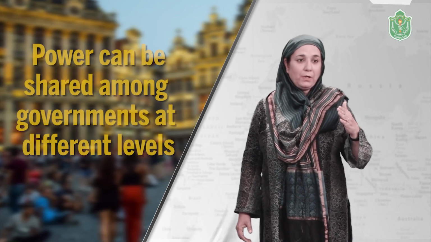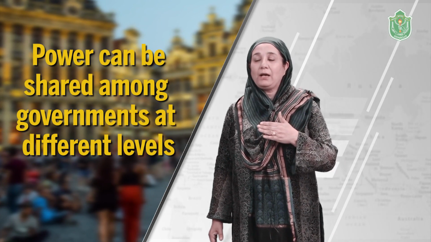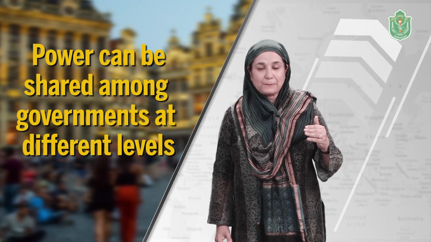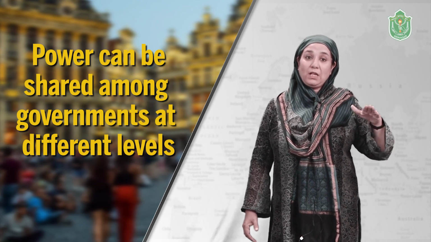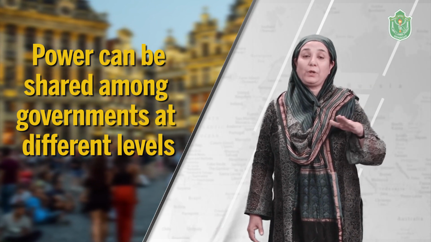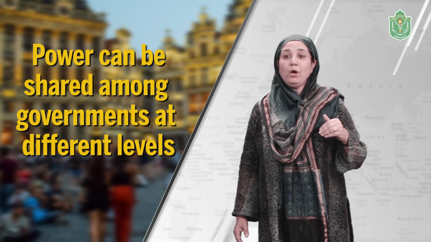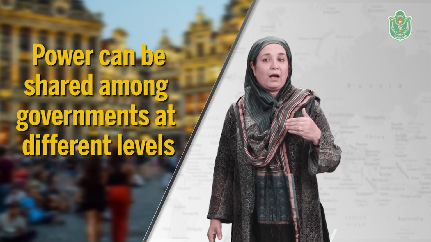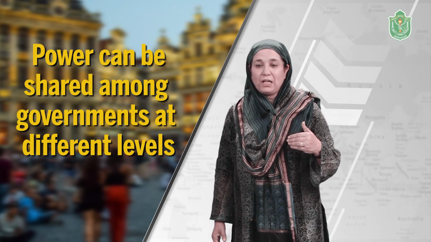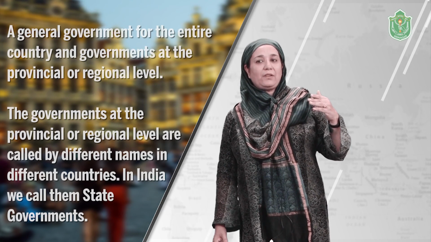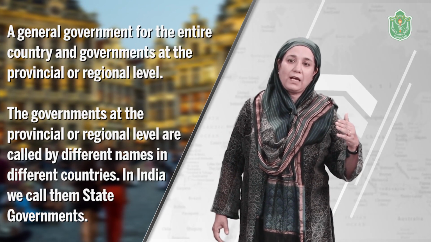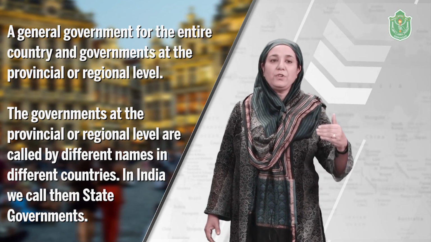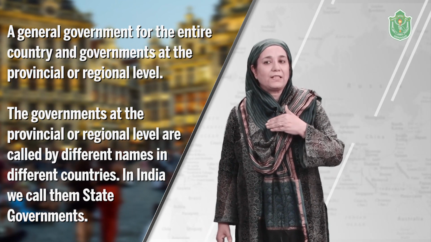Now, power can be shared among governments at different levels. The first one was at the same level, that is, the horizontal distribution. Now you're talking about sharing of power among governments at different levels. Children, all of us know that we have a general government for the entire country, and there are state governments, or you can call them provincial governments, at the regional or state level.